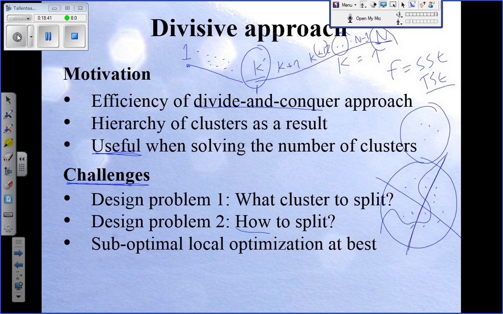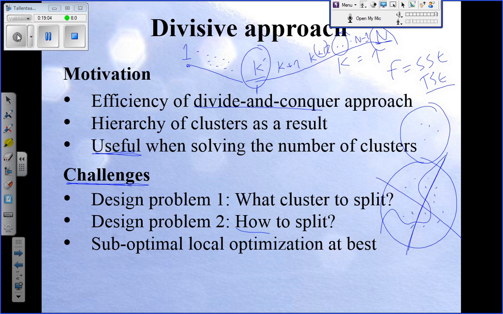But making a sequence of locally optimal splitting steps, even if we could do it, doesn't guarantee that we come to the globally optimal result. So the wrong order of this, correct locally optimal splits, can end up in suboptimal results. So this is one problem it has.